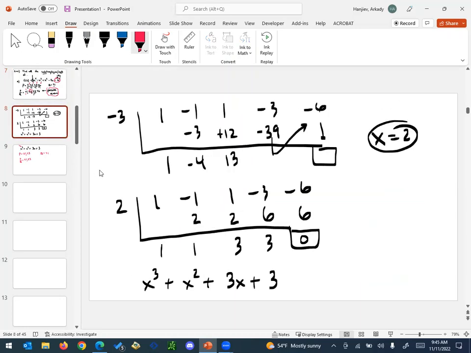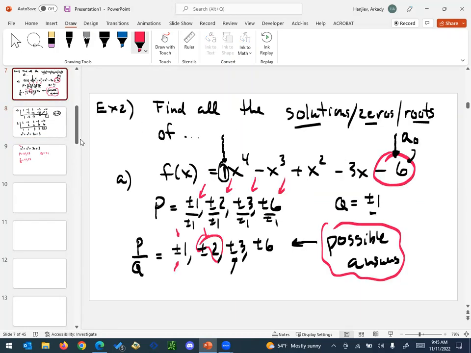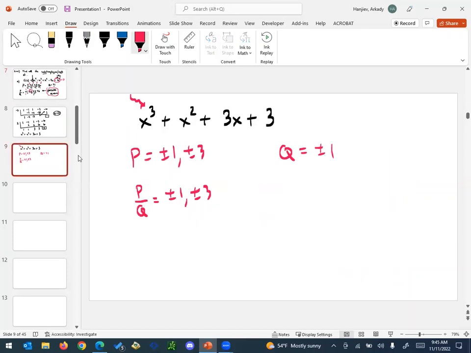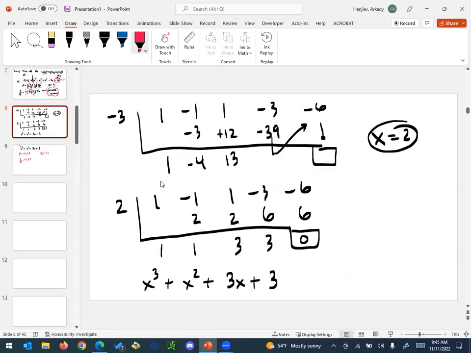Gotcha. Okay, so let's see what we've done so far, just so it makes sense. Here's our polynomial. We're trying to find zeros, right? We got our possibilities, and we got to here. We did synthetic division, and we have this leftover polynomial.